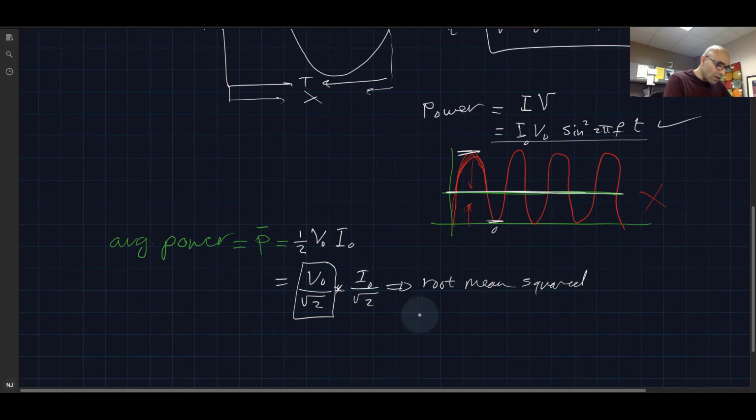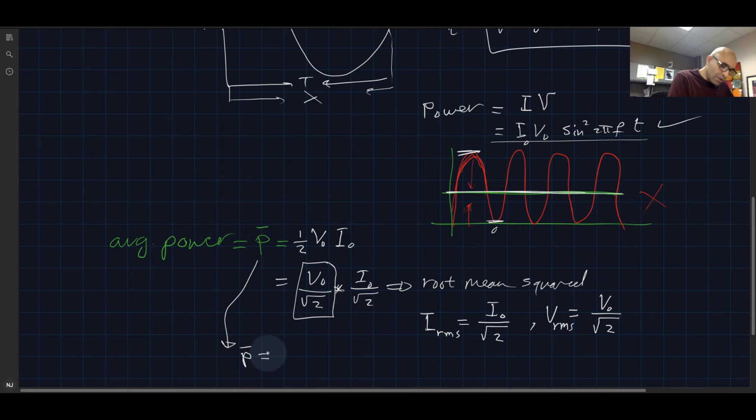Instead of writing root mean square, they write it like this: I RMS is equal to the maximum value of the current divided by root 2, and V RMS is equal to the maximum voltage divided by root 2. So the average power comes as I RMS multiplied by V RMS, and this is a much more useful quantity.